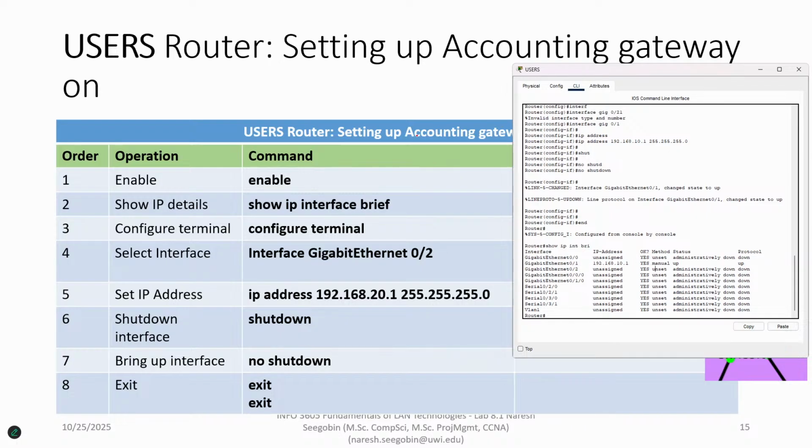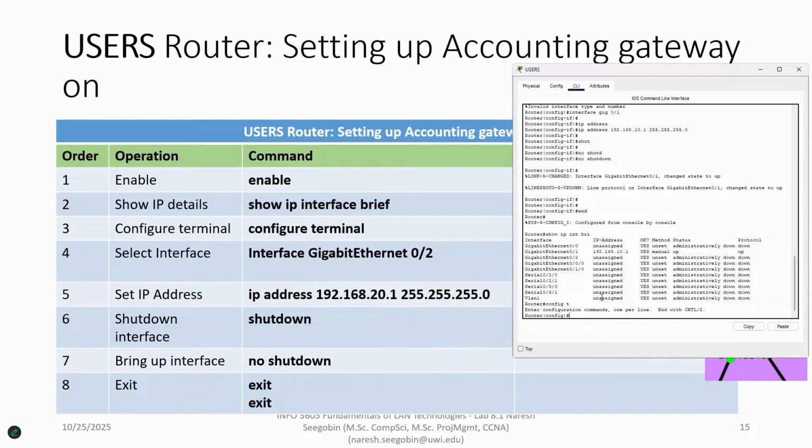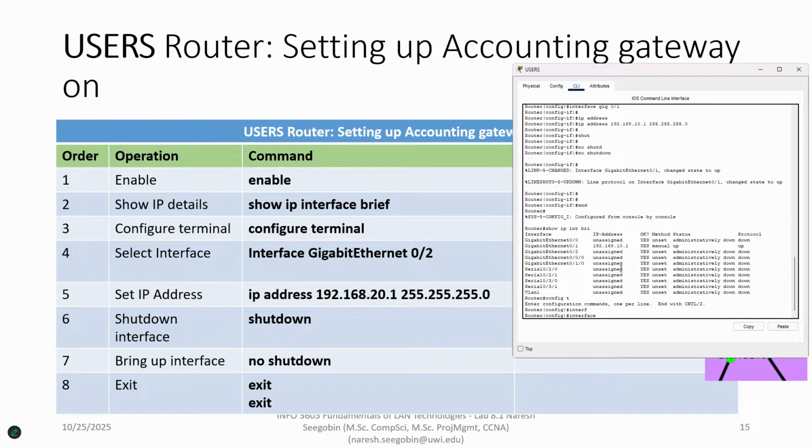So now we set up the accountant gateway. So we're going to do the next one, accountant. Right, we did show IP interface. We're going straight ahead, right? Interface gig 0/2.